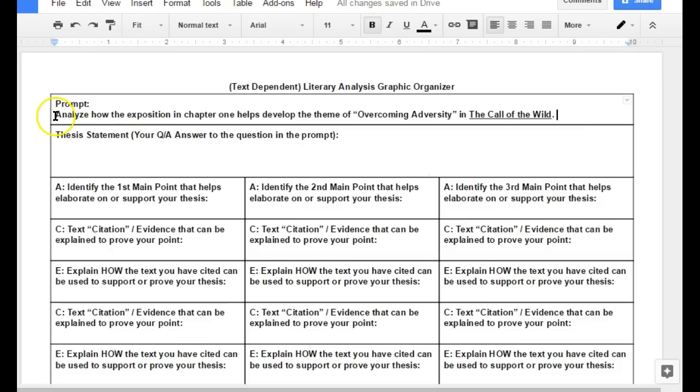Notice, though, that we're always told to answer the question from the prompt. There is no question in this prompt. So the first task that you have to do is one that is not really usually told to you. It's a hidden task.